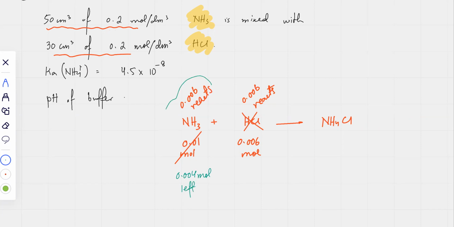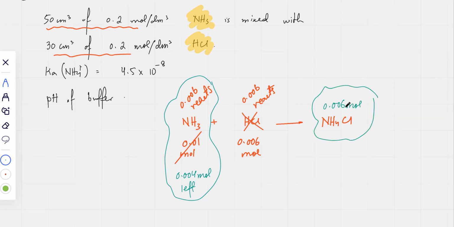Is this clear? Your mixture would have these leftover NH3 molecules. Yes. On the other side, the moles of NH4Cl present in the mixture would be 0.006 moles. So now it's a buffer.